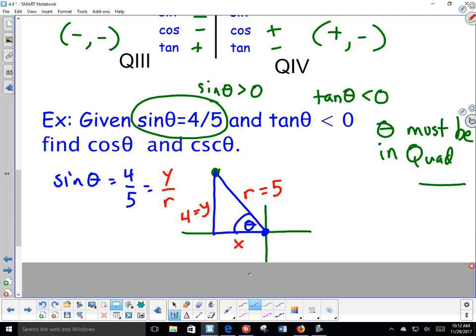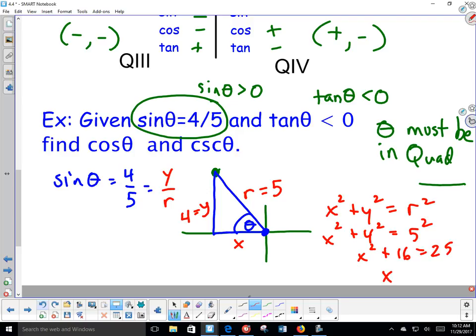Everybody agree? Rachel? So we just need to find the x, correct? You can use the Pythagorean theorem: x squared plus y squared equals r squared. So x squared plus 4 squared equals 5 squared, so we get x squared plus 16 equals 25. And what's x squared turn out to be?